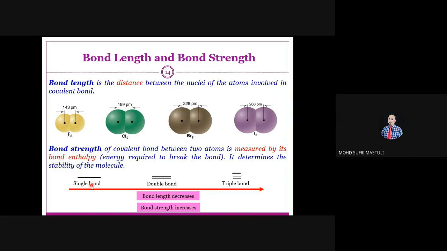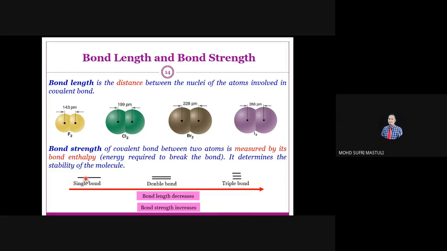This is the analogy that I always use in class. A single bond is like a skinny person, skinny, meaning thin. A double bond is a bit fat, and the triple bond is the fattest one.